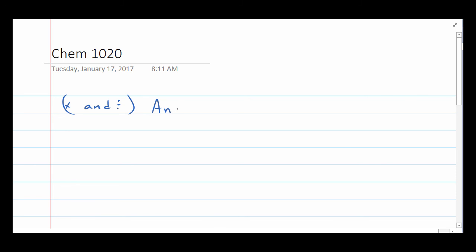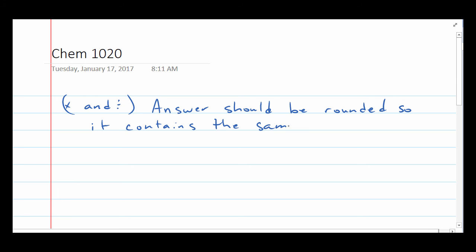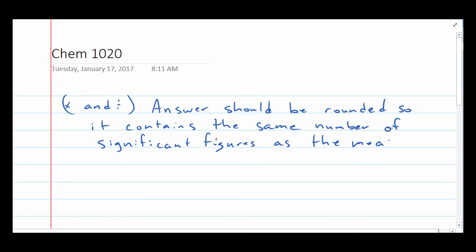So again, for multiplication and division, your answer should be rounded so it contains the same number of significant figures as the measurement having the fewest significant figures.